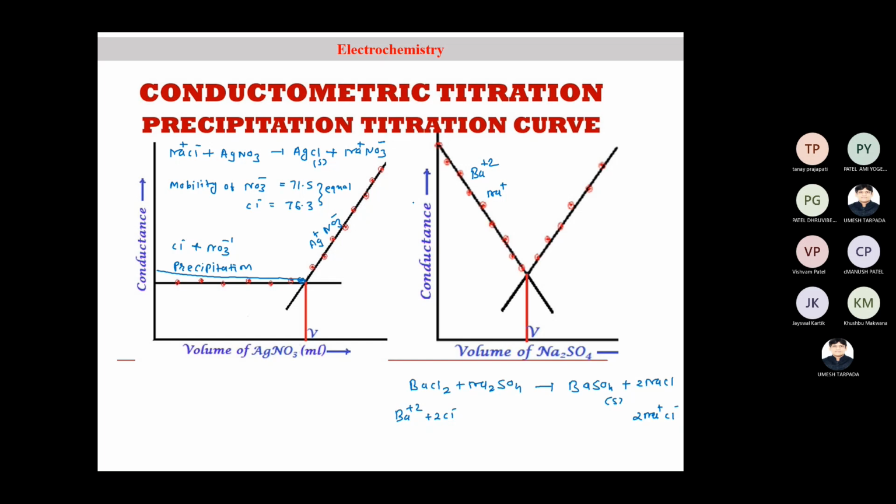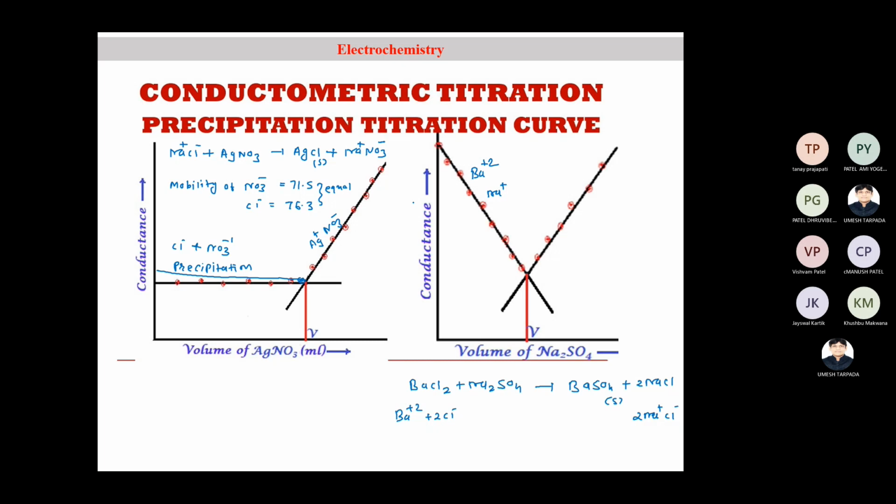See, Ba2+ is the heaviest ion among all, and it has the highest conductivity, or you can say mobility. So highly mobile ion Ba2+ is replaced by low mobility ion, that is Na+.